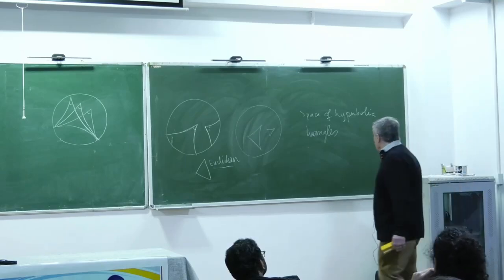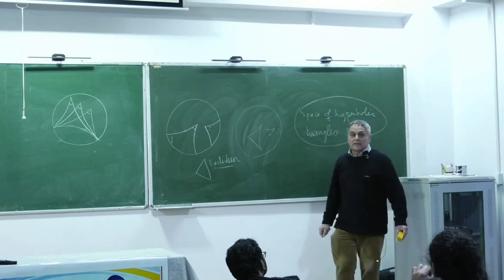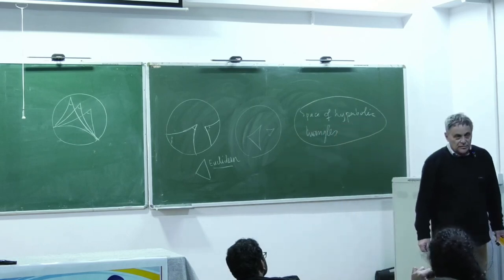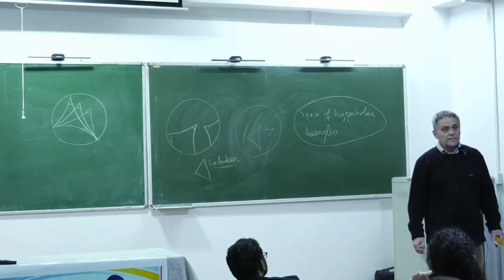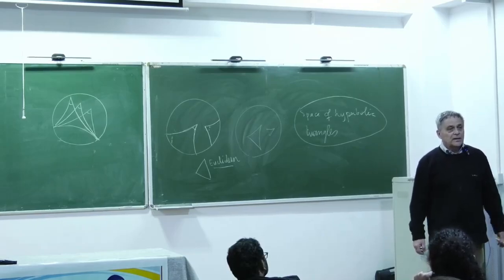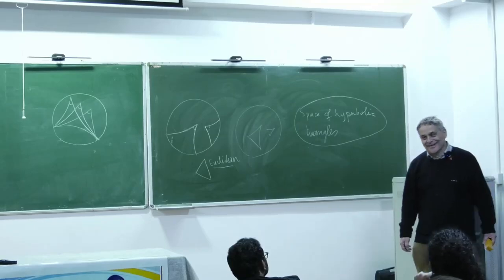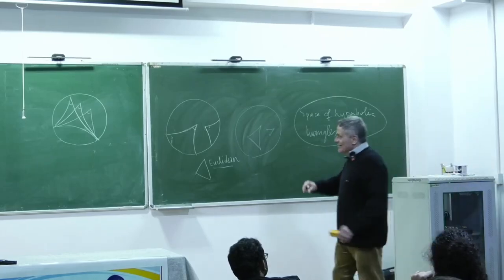But for the space of hyperbolic triangles, I don't have any interesting results. So this is a problem where, if one of you works day and night on this during 1 or 2 years, you will have some results. Okay, so this was a side thing.